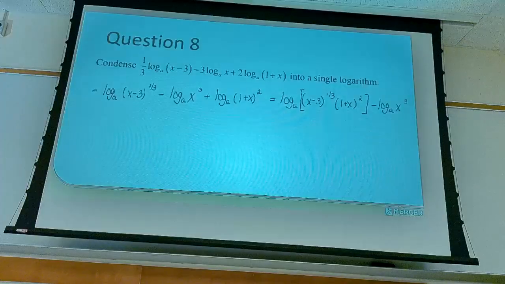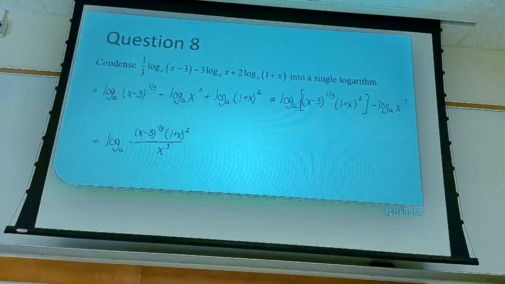And then just the 1 minus. Now it's a quotient, right? Over x cubed. That would be fully simplified, or fully condensed, rather.